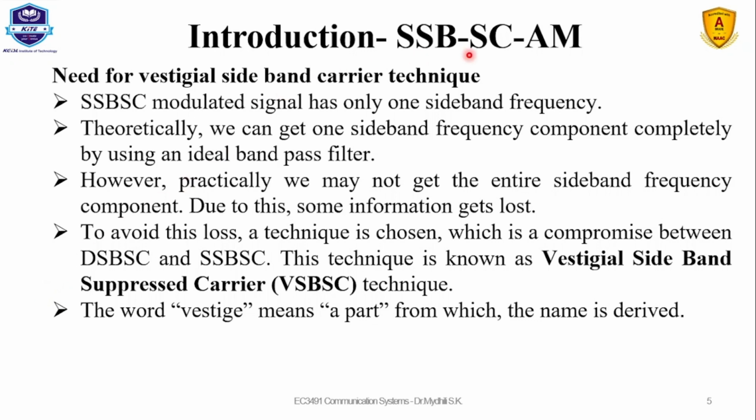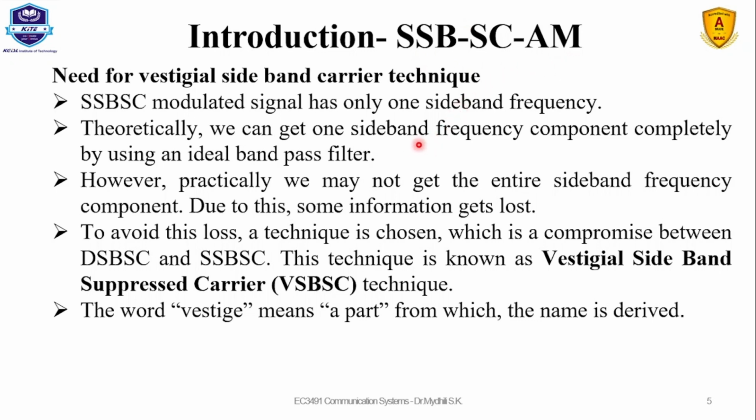So we know the three components of an amplitude modulated signal: carrier, upper sideband and lower sideband. The last point we have seen is that when the carrier is suppressed, we obtain DSB-SC AM. In the next case, when we suppress one of the sidebands as well as the carrier, we get single sideband suppressed carrier AM.